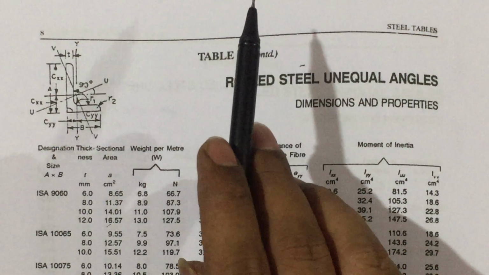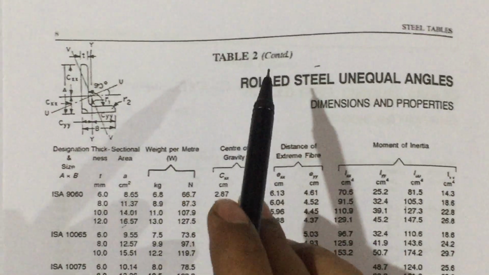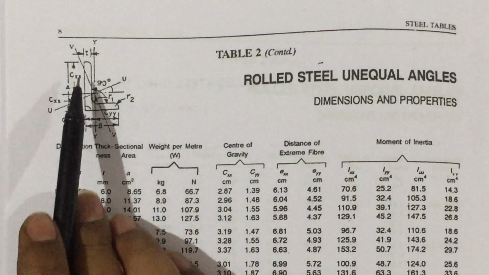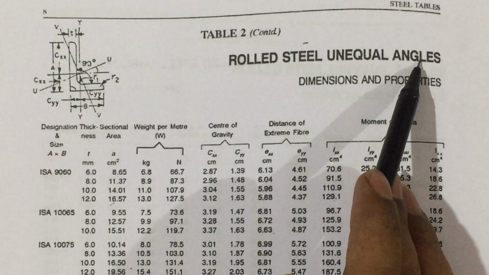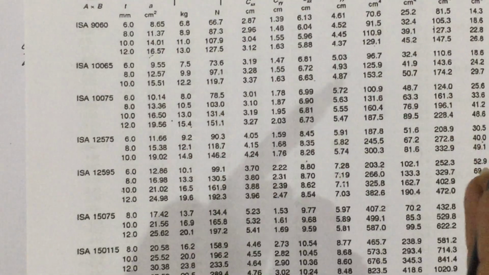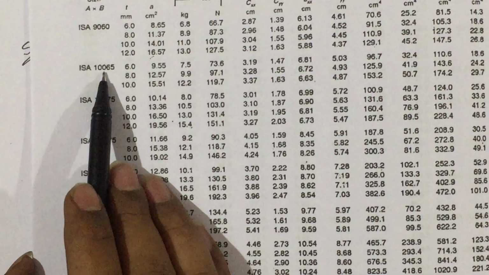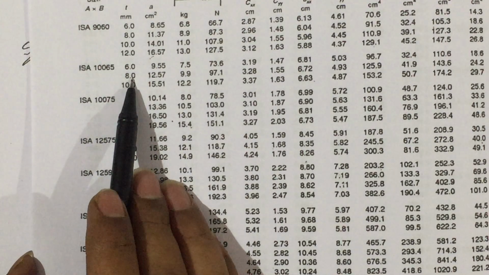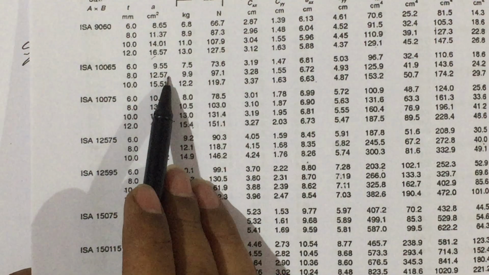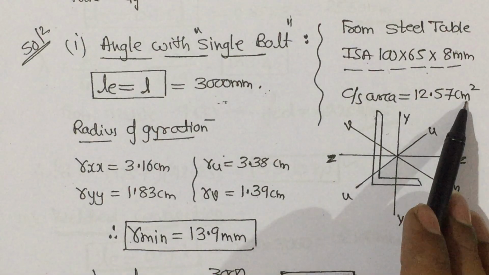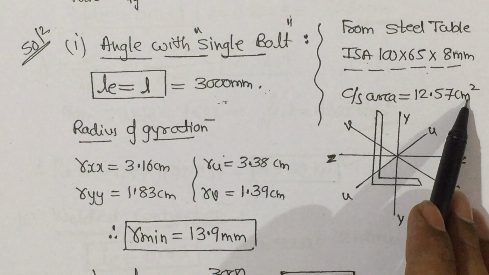It is an angle section, an unequal angle section, and a single angle section. In the unequal angle section, we search for 100 by 65 by 8 mm. Here the cross sectional area is 12.57 centimeter square.